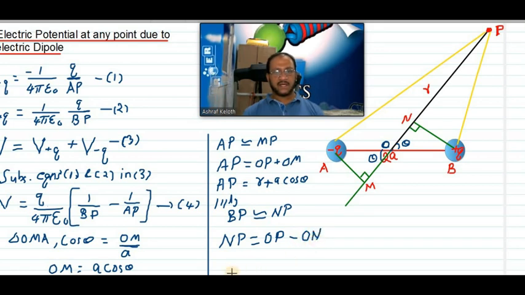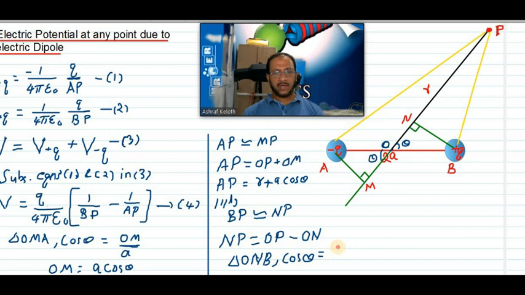From the triangle ONB, what is cos theta? Cos theta is equal to ON by A, adjacent side by hypotenuse. Adjacent side is ON, hypotenuse is A, half of the dipole length.